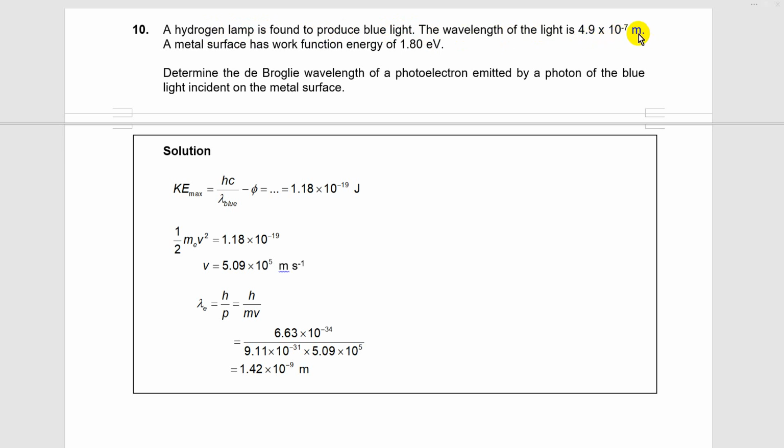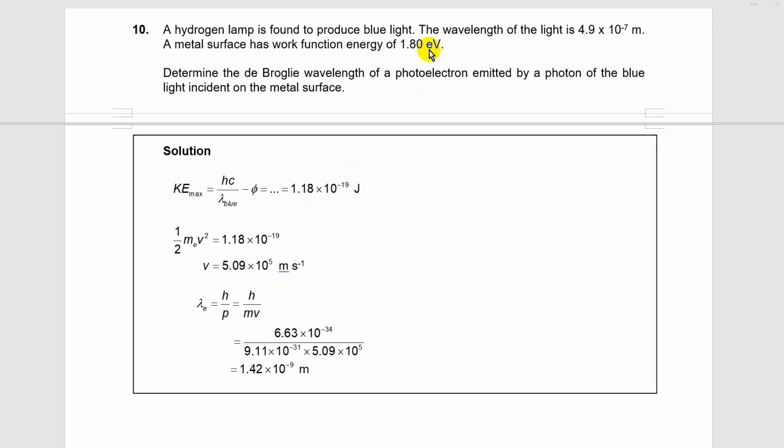Okay, we are given the wavelength of the light. And we have a metal surface, and the metal surface has a work function energy of 1.80 eV. But notice that they give the work function in terms of eV. When we use our formula, when we do a calculation, we have to convert everything to the base SI unit.